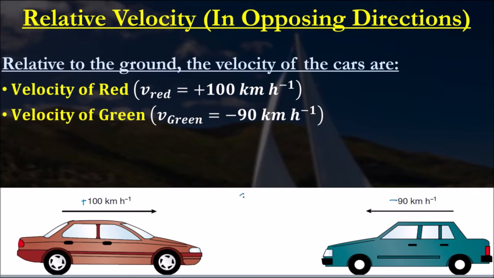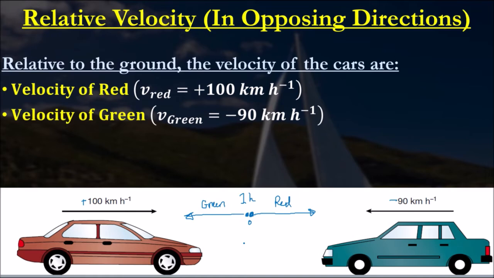So imagine 1 hour has passed. Let's imagine the two cars are side by side each other. This is the direction that the green car goes, and this is the direction that the red car goes. They both start from a displacement of 0.